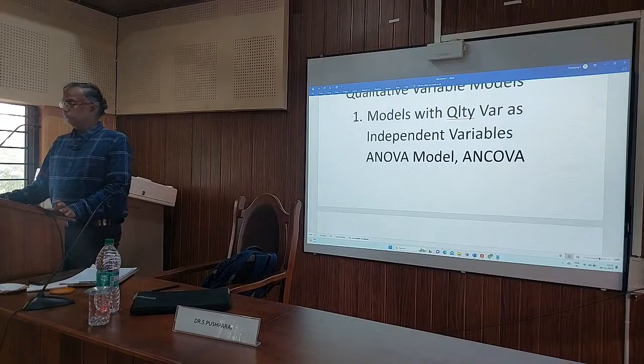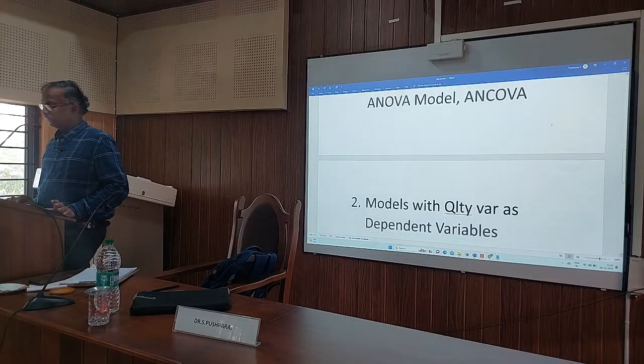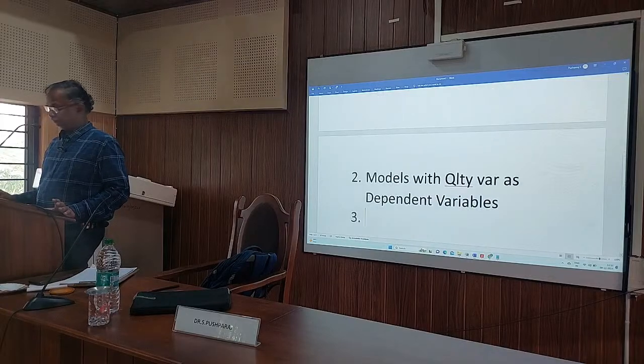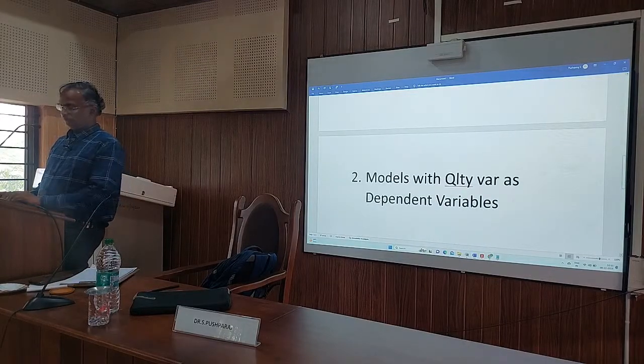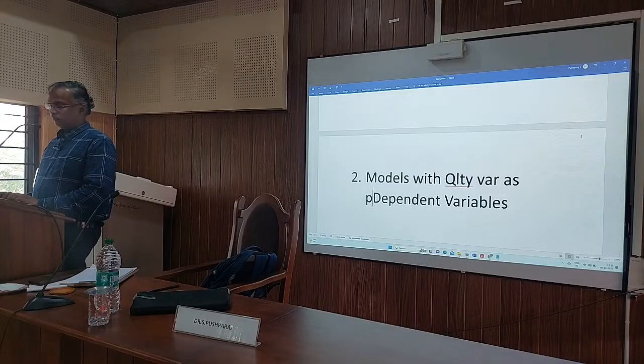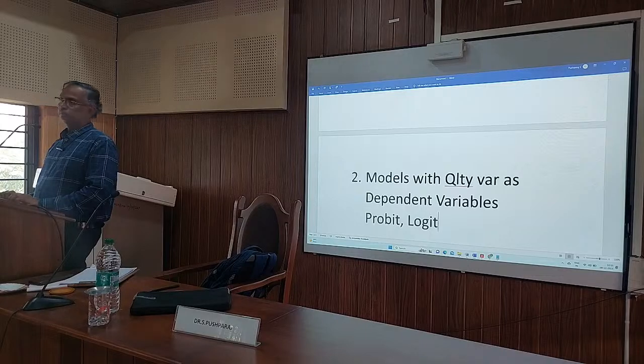There are other types, with qualitative variables as dependent variable. Here you will have probit and logit models.